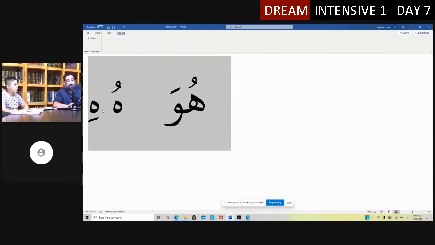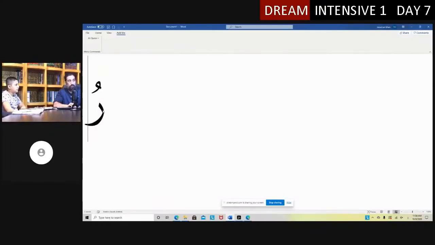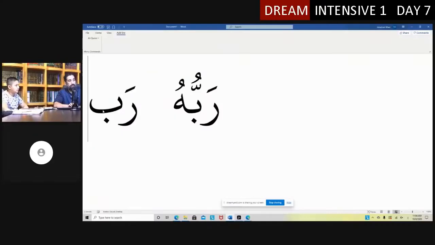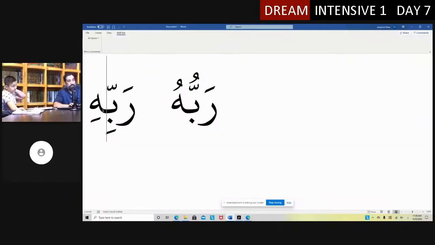Okay, so just to make that concept even clearer to you, Rabbahu or Rabbihi. The word Rabbu is rafa in this case. The word Rabbi is jar in this case. But the attached pronoun didn't matter.